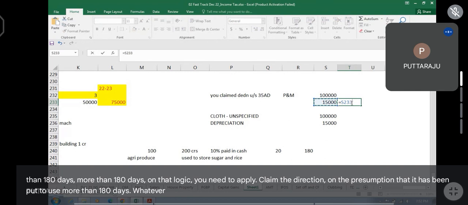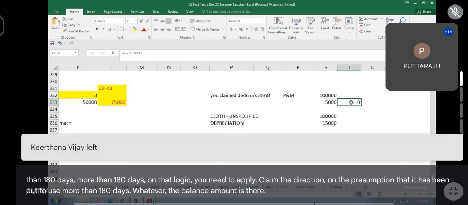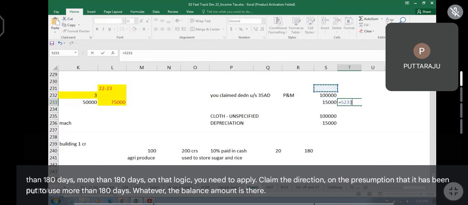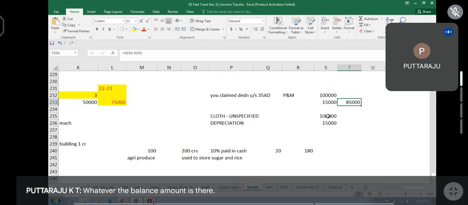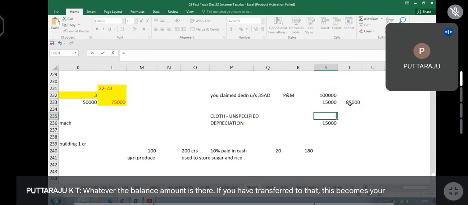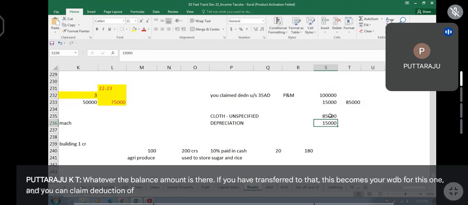Whatever the balance amount is, if you have transferred it, this becomes your WDV, and you can claim depreciation on this by applying the rate.